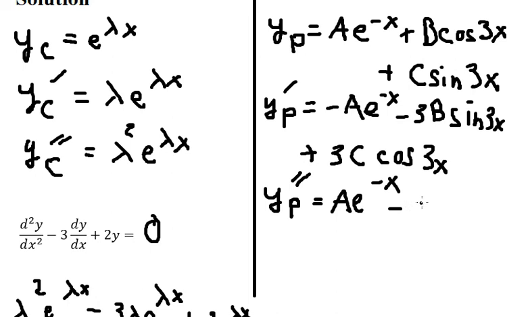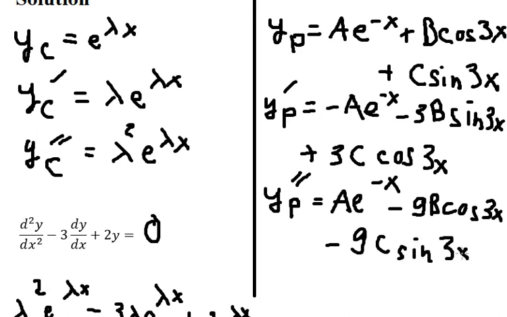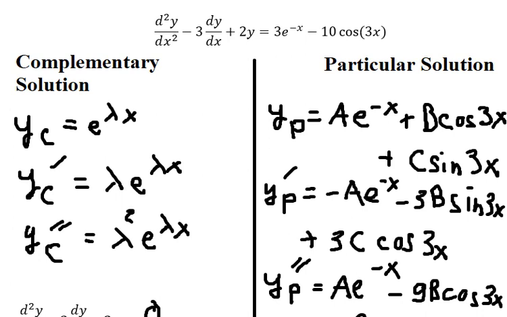This one, we have negative 9b cosine 3s. This one, we have negative 9c sine 3s. And now we have this one.